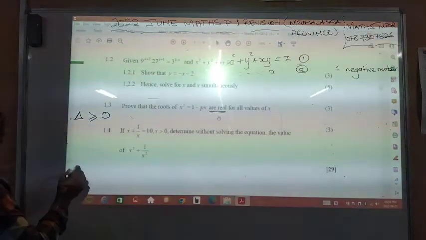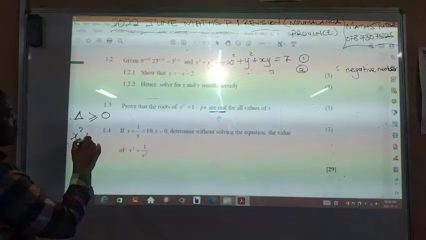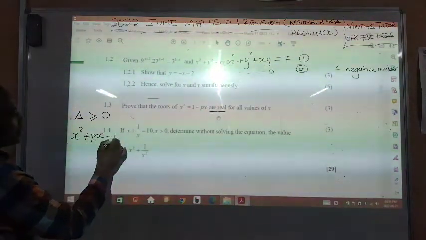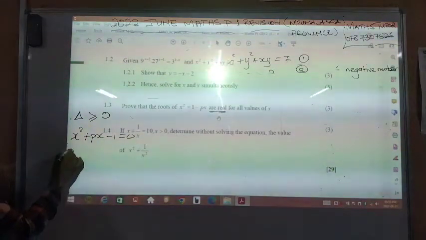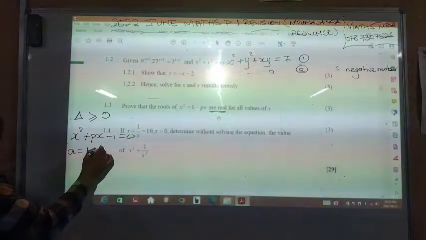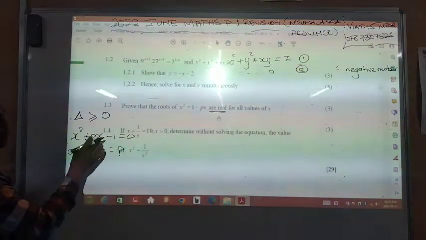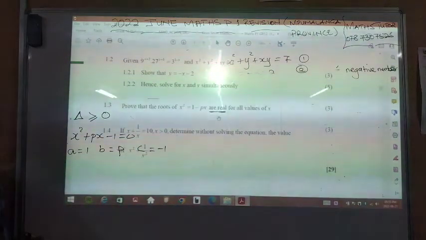So, let's rearrange. That is x squared plus px minus 1 is equal to 0. That's our quadratic, which means that our a is equal to 1, the coefficient of x squared. Our b is equal to p, the coefficient of x. And our c is equal to negative 1.